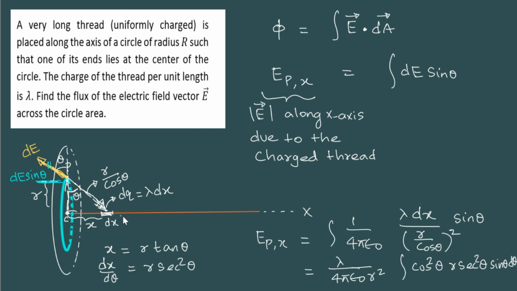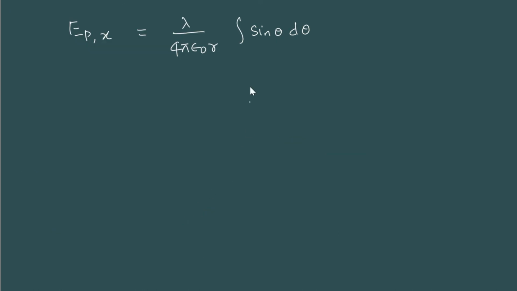As I move to the last piece of the thread somewhere at infinity on the x-axis, this arrow makes an angle with the vertical which is continuously increasing. If I'm pointing to a very far off place, this arrow almost becomes parallel to the x-axis, so with the vertical it is going to make an angle of 90 degrees. So I will have to integrate from 0 to 90 degrees, which I'll write as pi by 2.